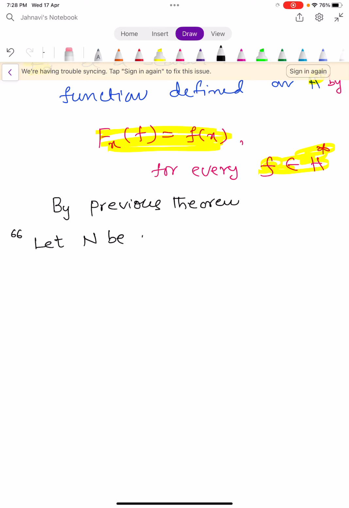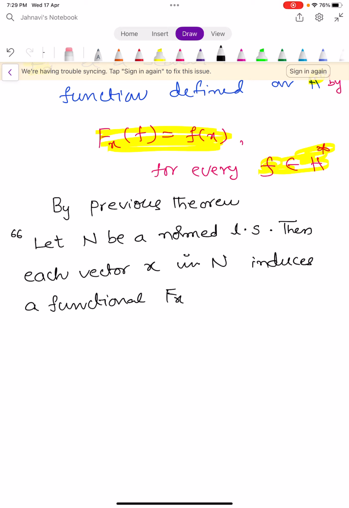Let capital N be a normed linear space, then each vector small x in capital N induces a functional capital Fx on N star defined by Fx of f is equal to f of x for every f belonging to N star, such that norm Fx is equal to norm x.